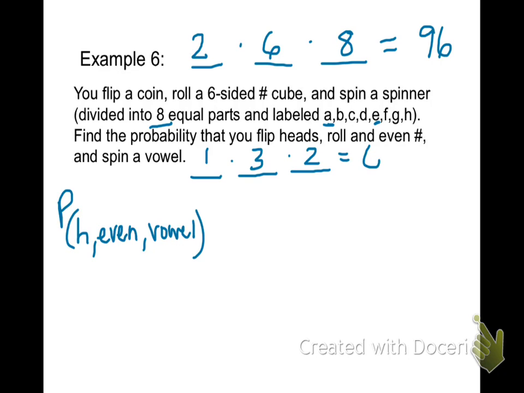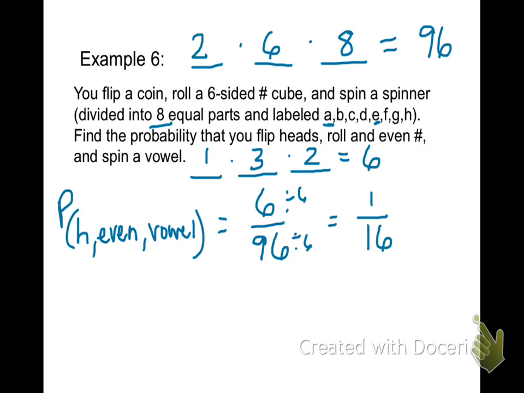So there are 6 favorable outcomes. These are the favorable outcomes. So the probability could be written like this: 6 out of 96. Again, divide by 6, and you will get 1 out of 16.